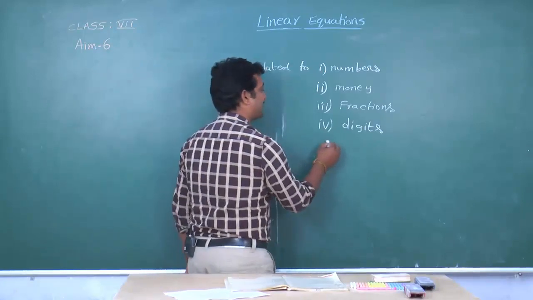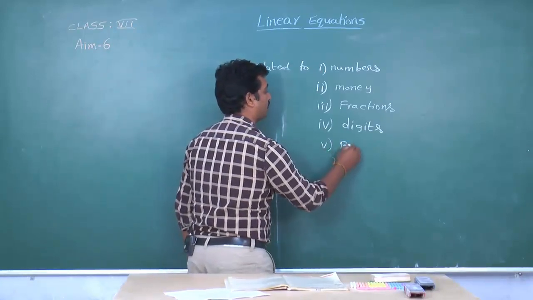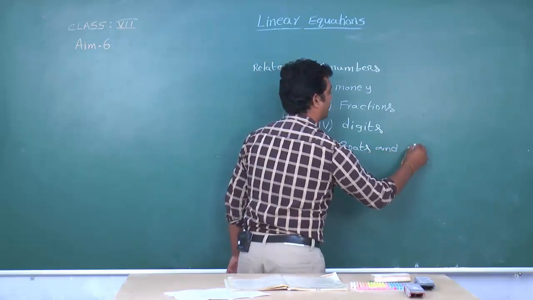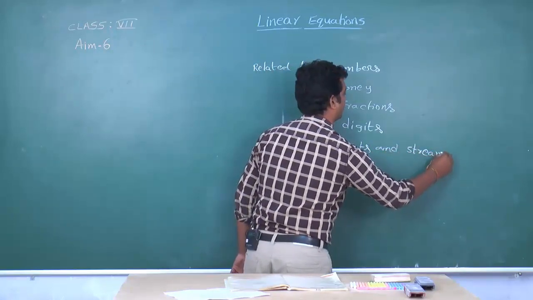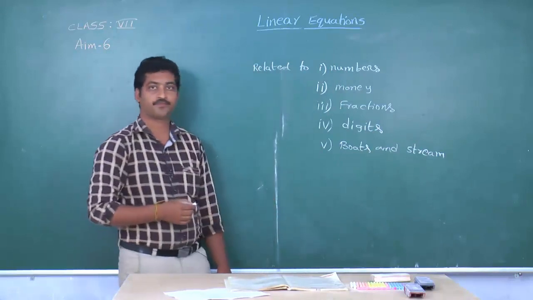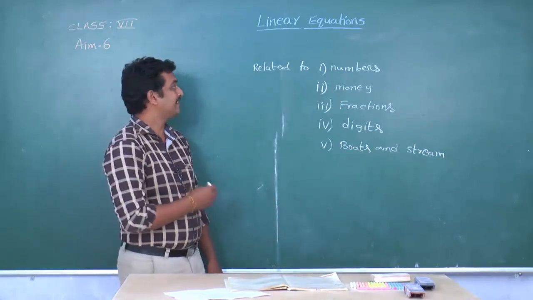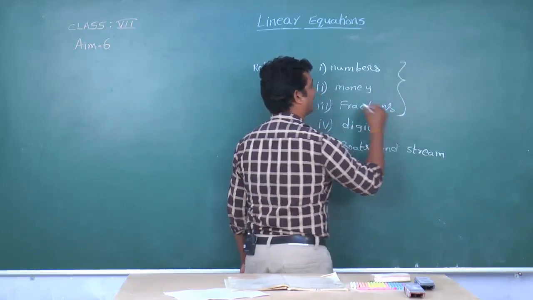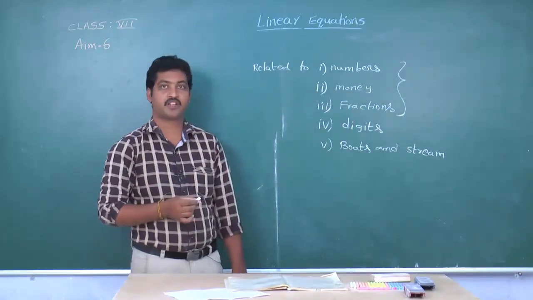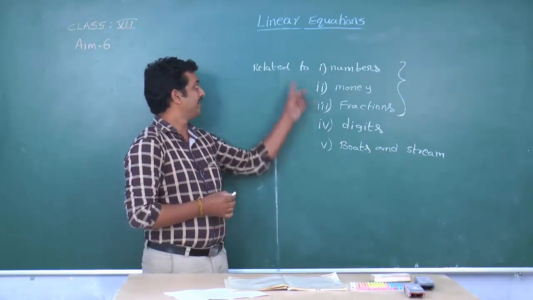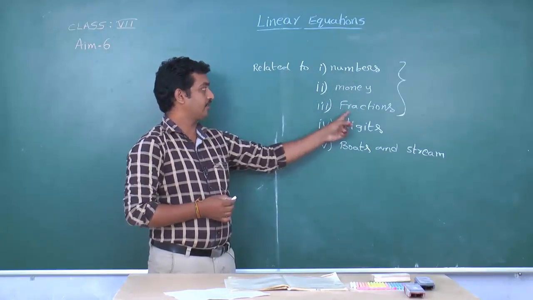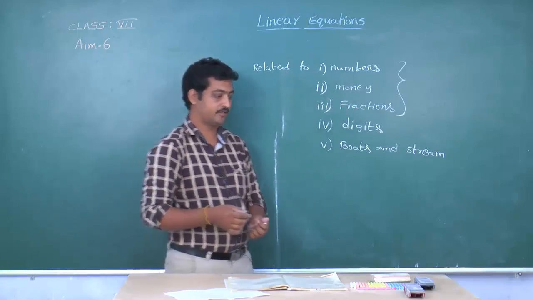And boats and stream problems also. But in this aim number 6, we are going to see these three models only: verbal problems related to numbers, money and fractions.